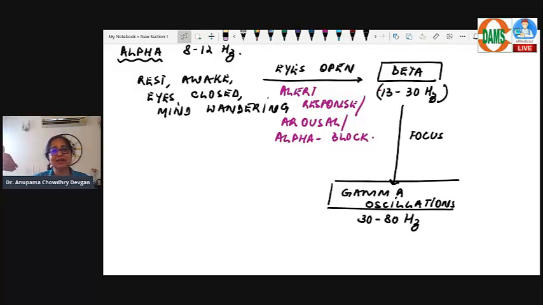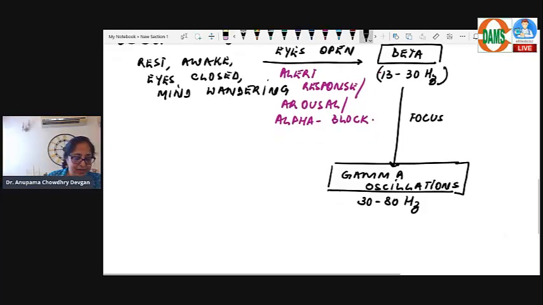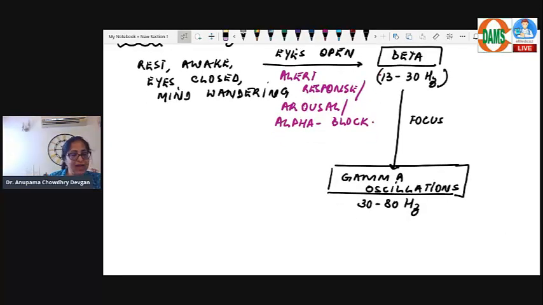Beta is 13 to 30 hertz. The moment you focus on something, beta is replaced by gamma oscillations, very high frequency activity, 30 to 80 hertz. The origin of alpha and beta are both the cortex. You're recording them from the cortex, but the conditions are different. Here eyes closed, and here it is eyes open.